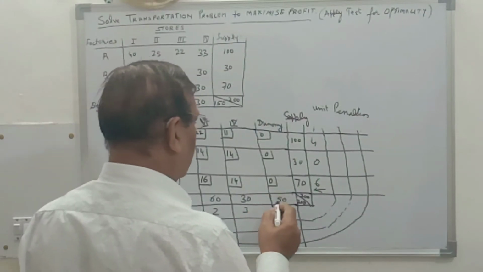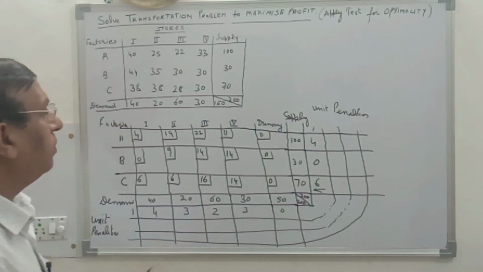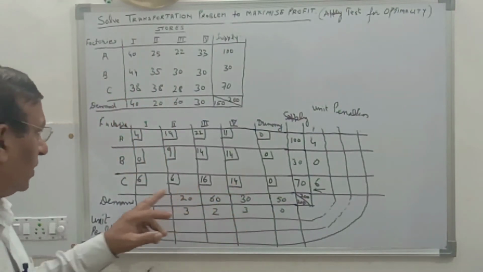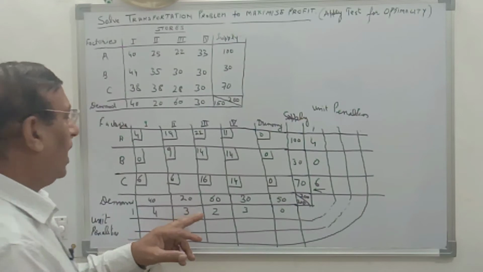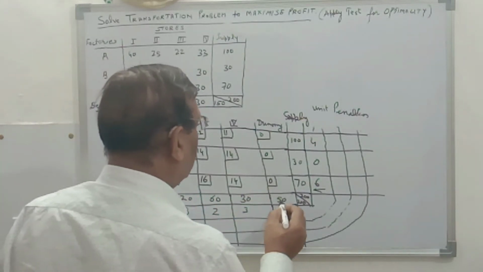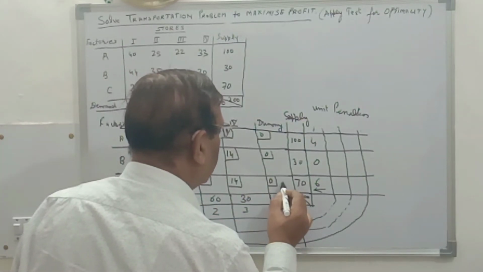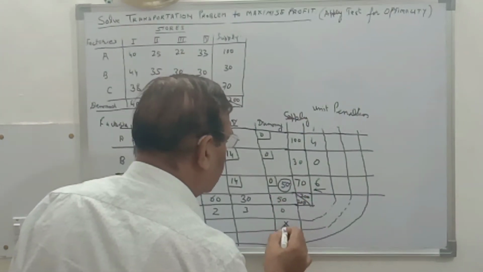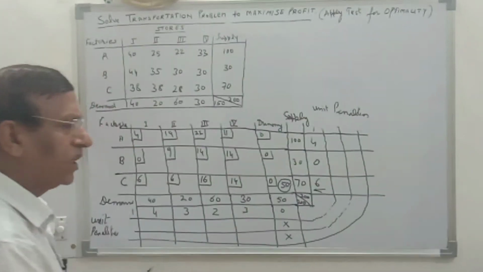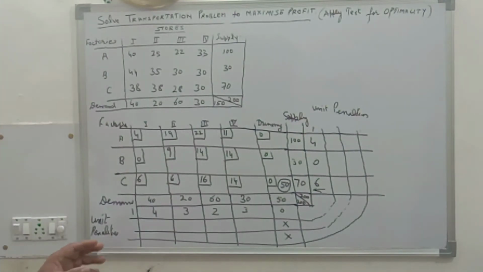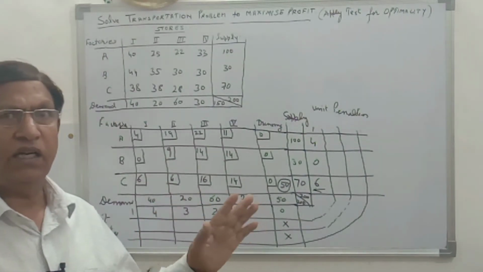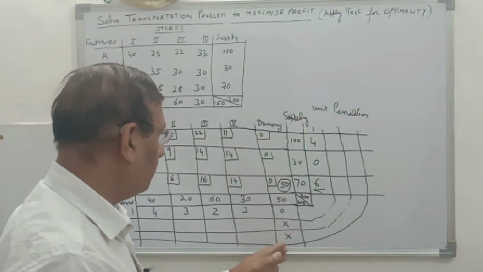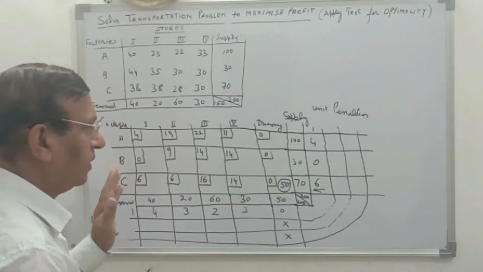And we will allocate the units to the minimum cost, and minimum cost is 0, so we will allocate 50 over here. By allocating 50 here, this column is satisfied because we keep demand and supply intact. Now this 50 is over.